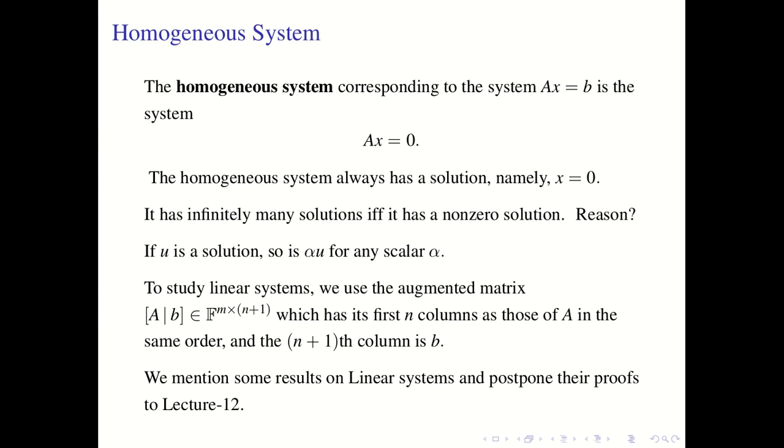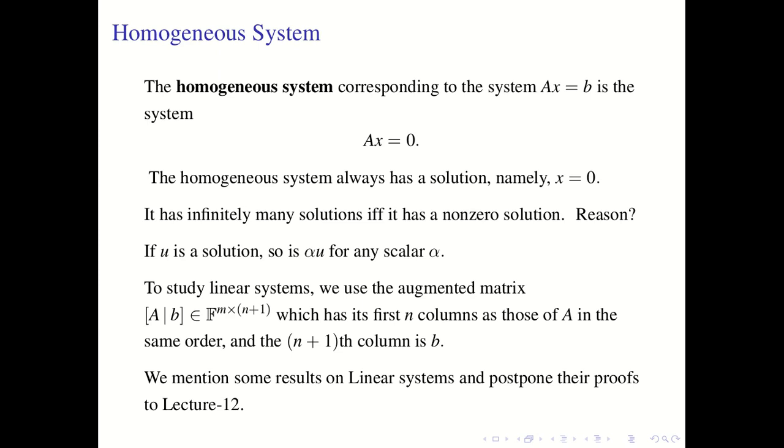Now to study linear systems, we use the augmented matrix. What you do is take A and augment b. You add another vector at the end, add b as the n plus first column.